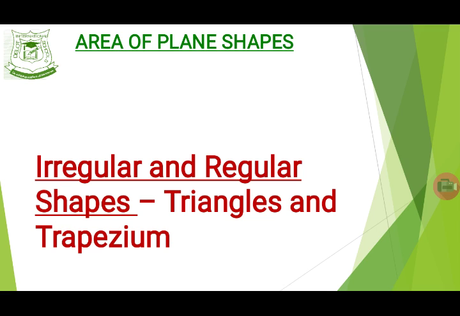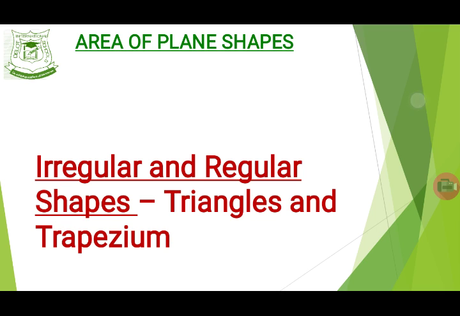So moving on to today's work, for the regular shapes, we started with the rectangle, square, and then the parallelogram last week, right? So this week, like I said, we'll be looking at triangles and then trapezium.